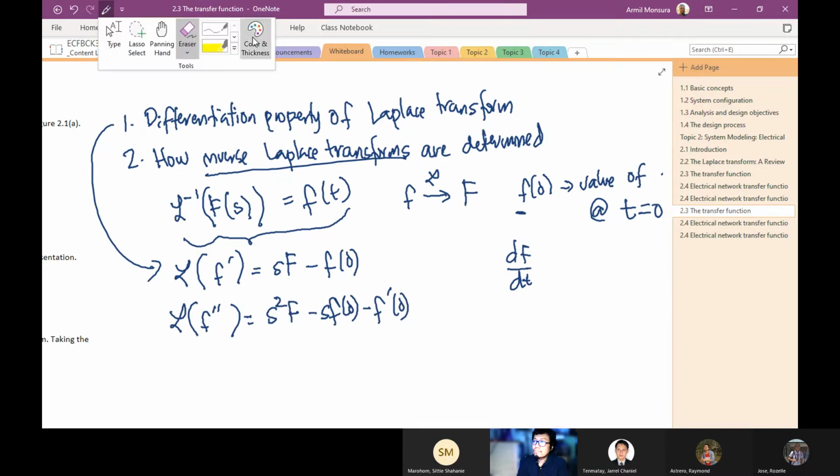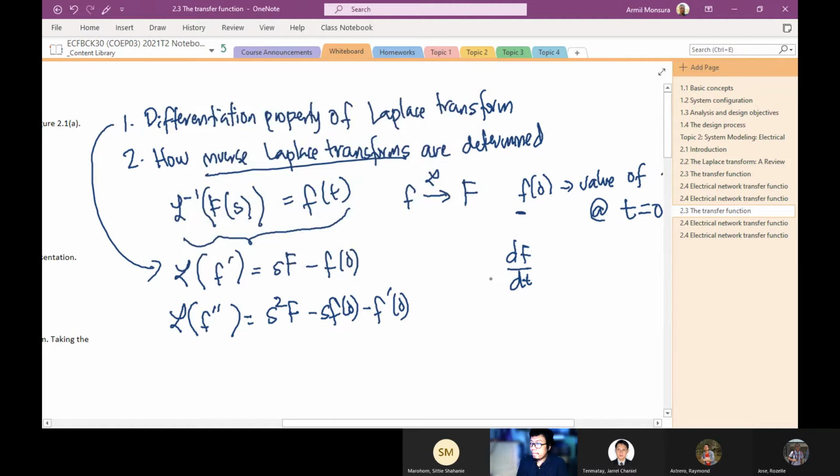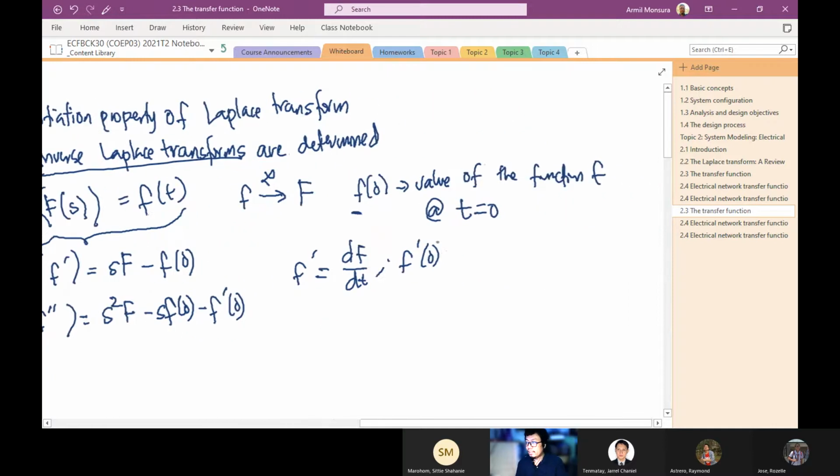Yung f prime natin is basically the first derivative of f with respect to time, and f prime of 0 means the value of the first derivative of the function at t equals 0. So I hope naiintindihan niyo itong mga notation na to. This notation is something that is familiar with you.